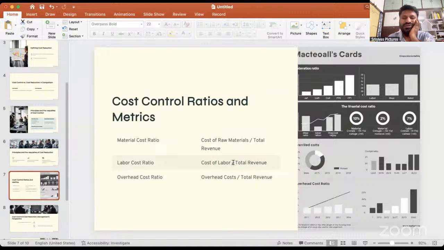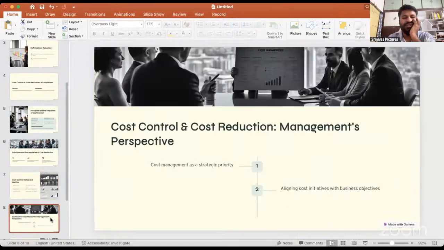So whatever amount we spent on labor, what is our total income? That we are going to take. These three are elements of cost, and we find the proportionate level of each with the total revenue. So that is cost control ratios and metrics.